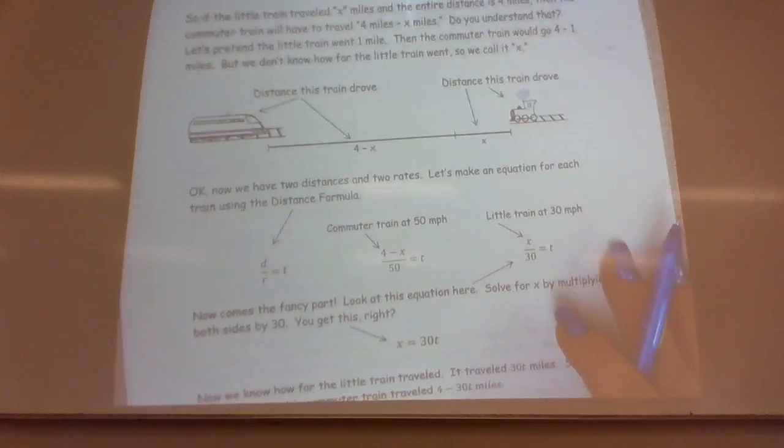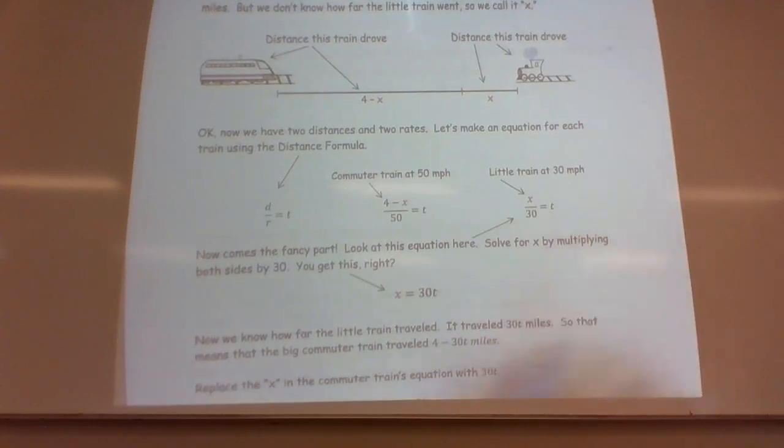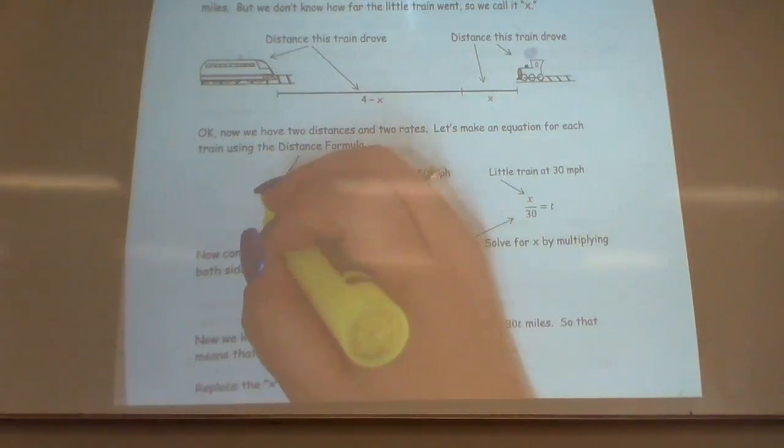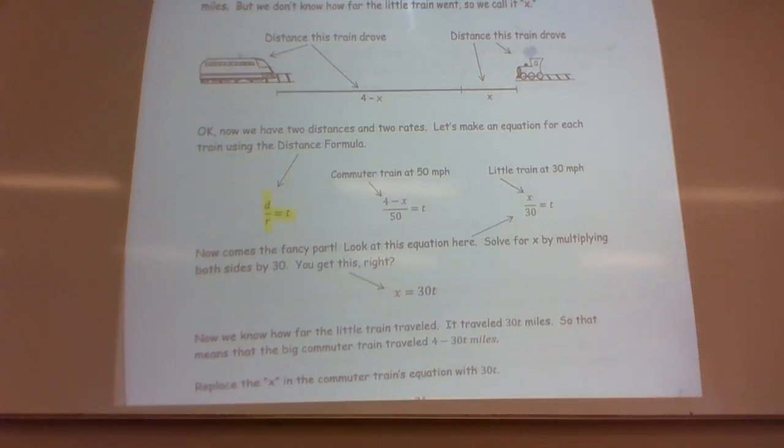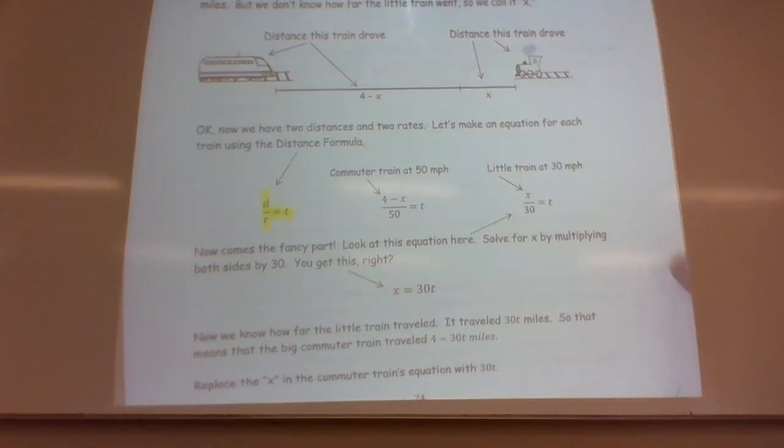And again, this is a little more complicated than what we did yesterday, but we have our distance formula, and we know that it's distance divided by rate or time equals rate or time, and we're solving for it.